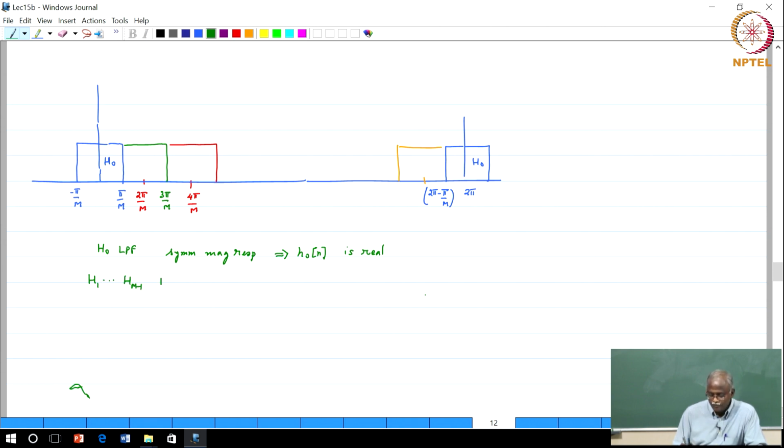They are all band pass filters with complex impulse response, because they do not have a symmetric mirror image frequency response. See that it is going from 0 to 2 pi. So, these have asymmetric magnitude response, and that means that you have a complex impulse response. Hi of n is complex.